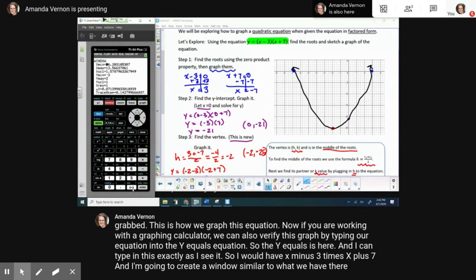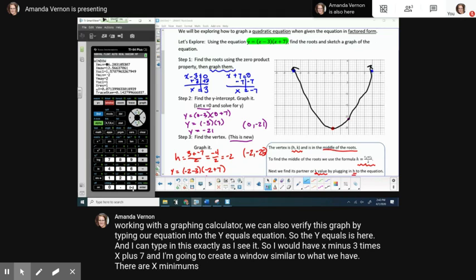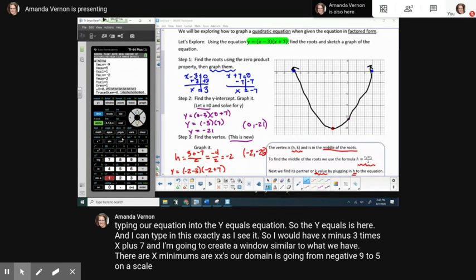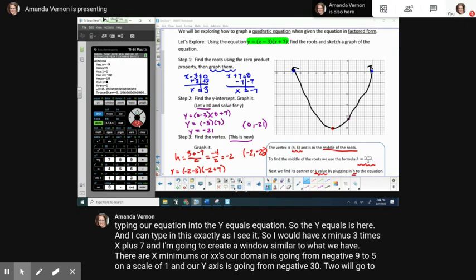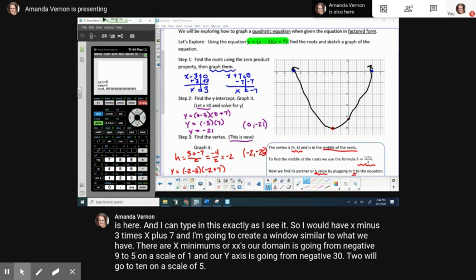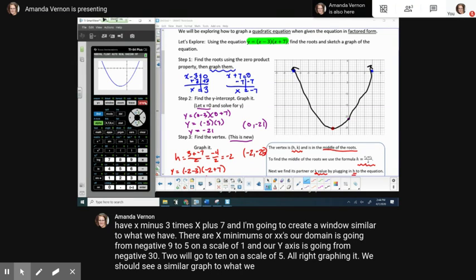Our x-axis, our domain, is going from negative 9 to 5 on a scale of 1. And our y-axis is going from negative 30 to 10 on a scale of 5. All right, graphing it, we should see a similar graph to what we have plotted here.